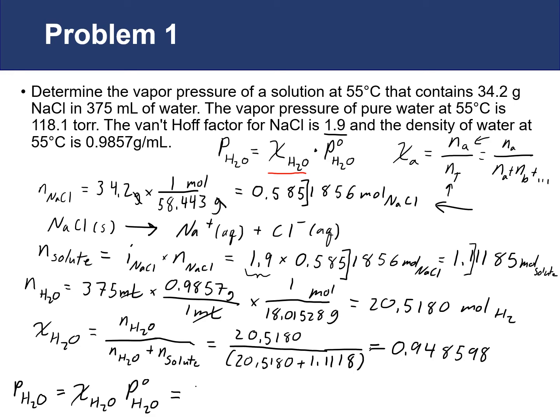This is equal to 0.948598 times 118.1 torr, which will give 112.0294 torr.